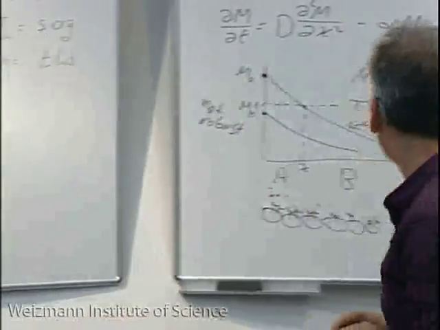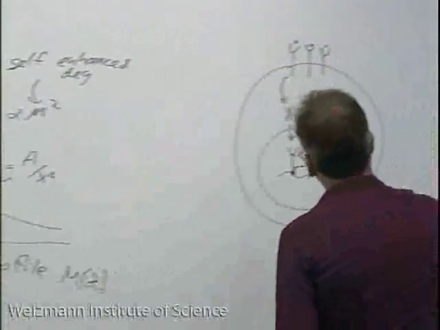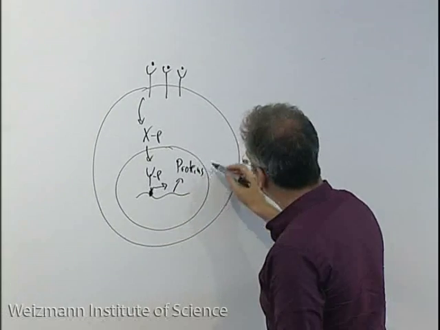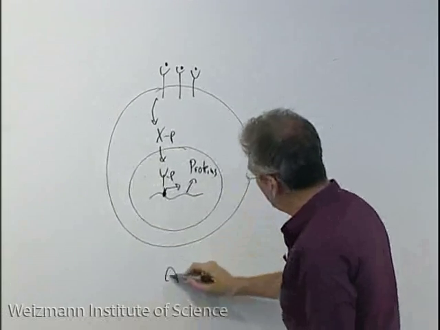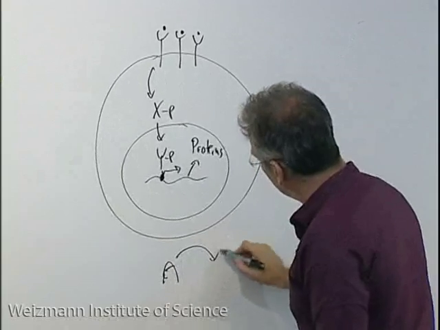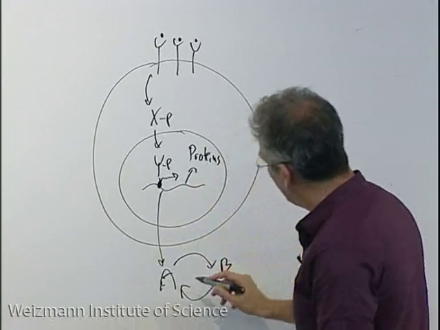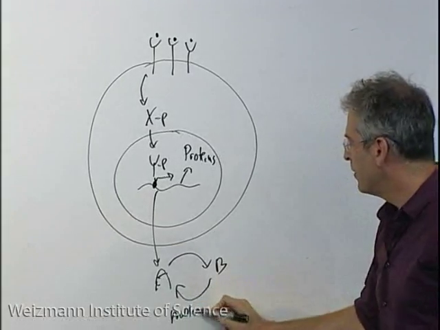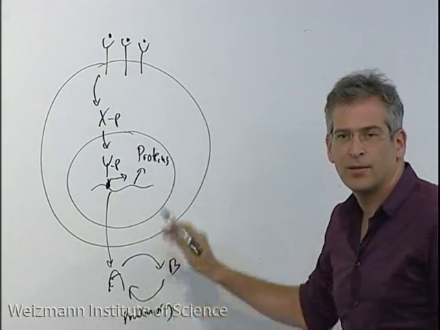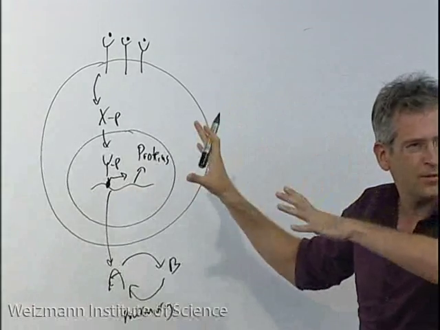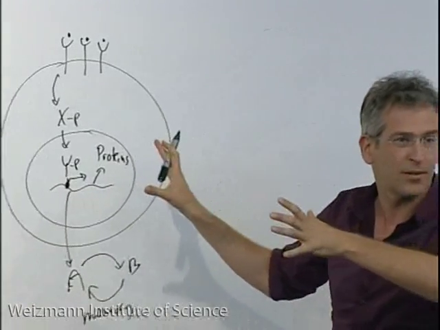And you also might remember that you can have transcriptional networks, so that you can have a protein A that activates protein B, and protein B activates protein A. And this creates a memory. So this can mean this cell, even after the morphogen is gone, remembers that it is, let's say, a muscle cell.